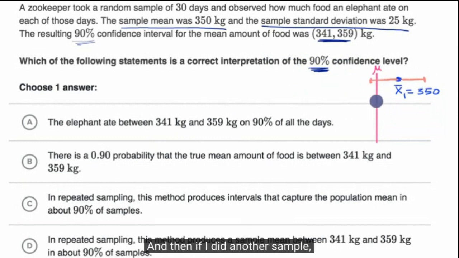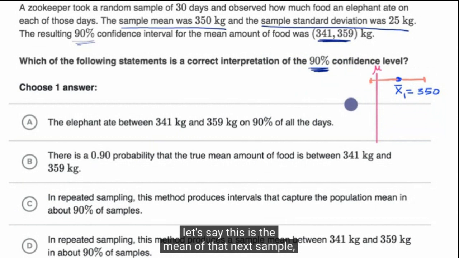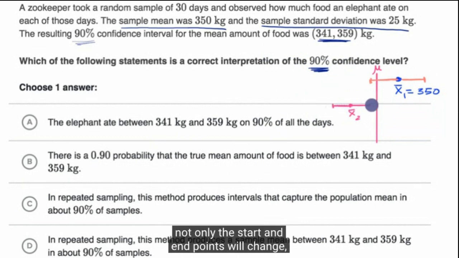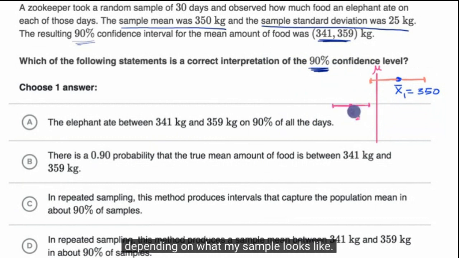And then if I did another sample, let's say this is the mean of that next sample, so that's sample mean 2, and I have an associated confidence interval. And that interval, not only the start and end points will change, but the actual width of the interval might change depending on what my sample looks like. But a 90% confidence level means that if I keep doing this, 90% of my confidence intervals should overlap with the true parameter, with the true population mean.